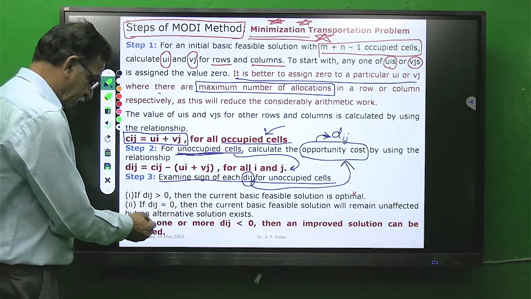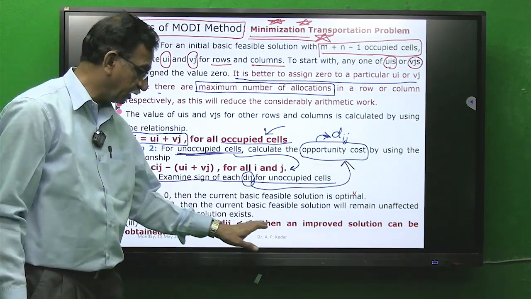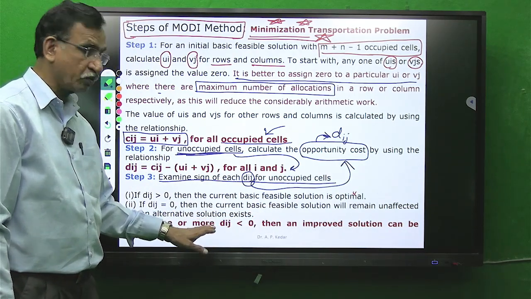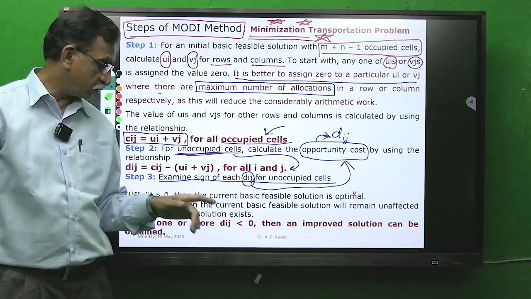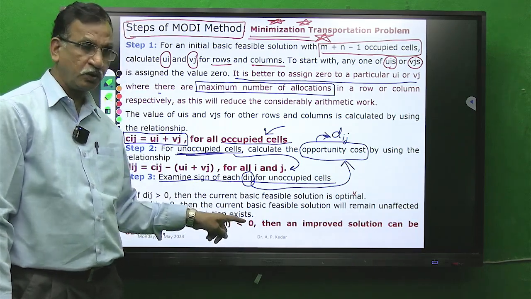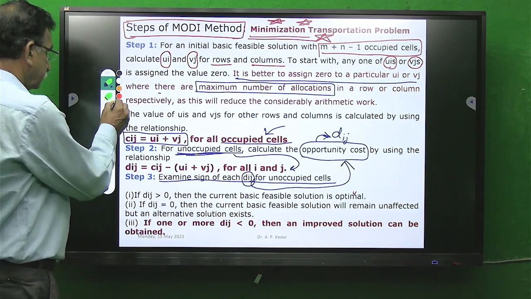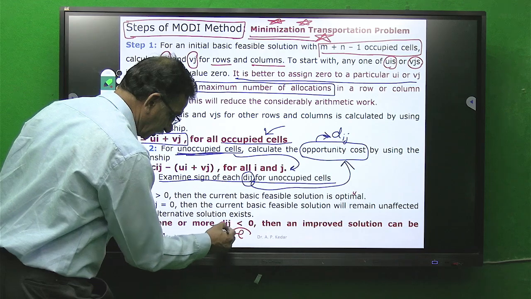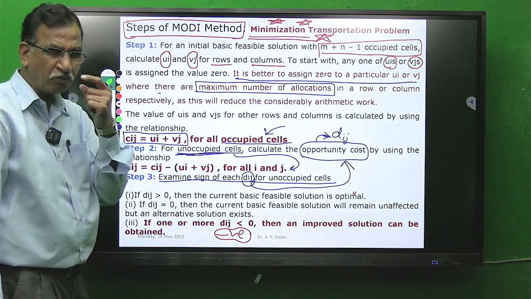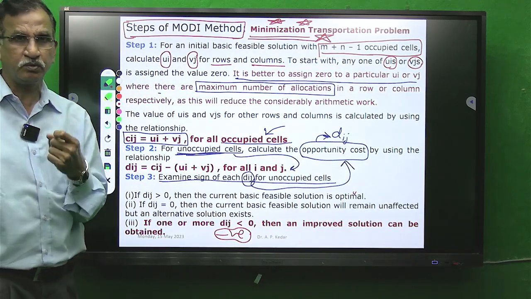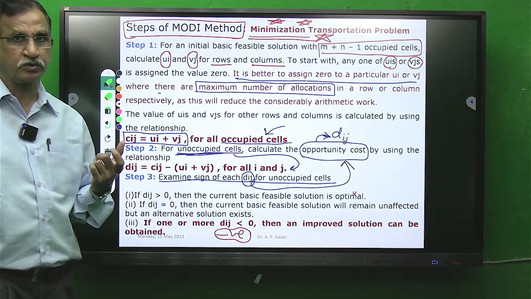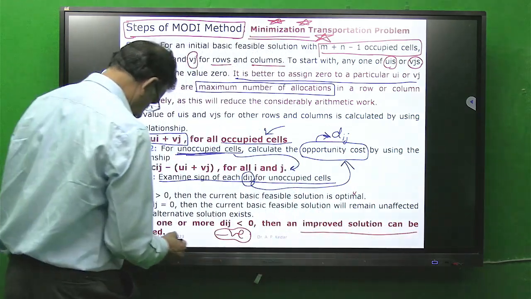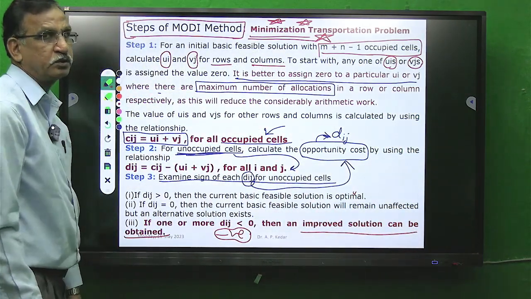And importantly, I have mentioned in bold brown letters, if one or more than one Dij is less than 0, meaning negative, if any one value is negative or more than one value is negative, an improved solution can be obtained, meaning the current solution is not optimal.